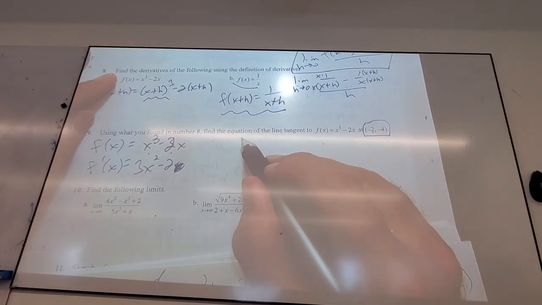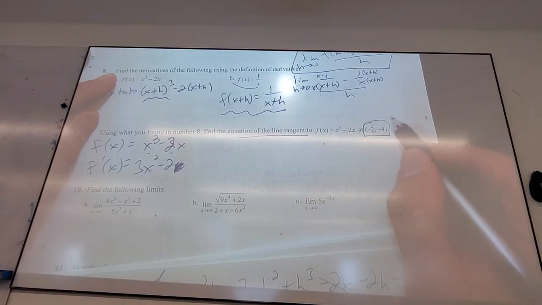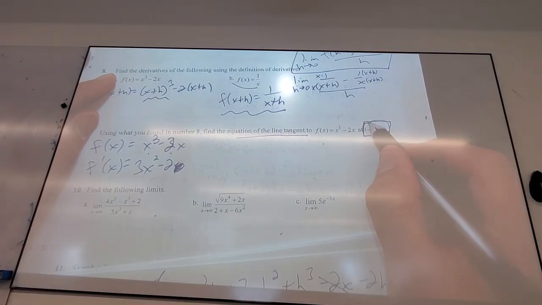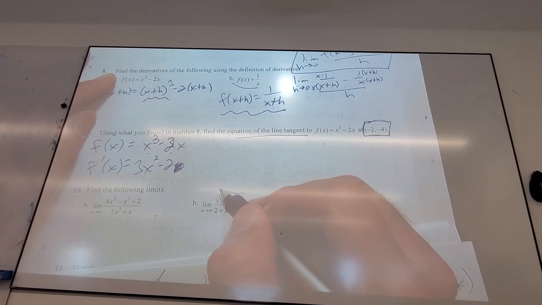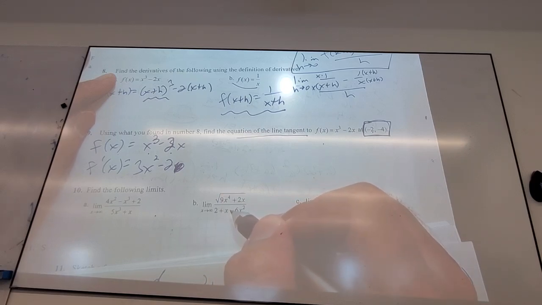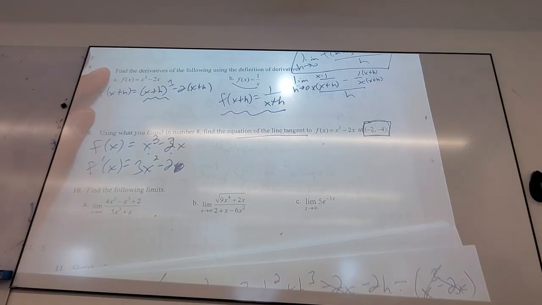What else do I need for the equation of the tangent line? We got a point. What else do I need? Slope. And what's going to give me the slope? You plug it into the derivative.